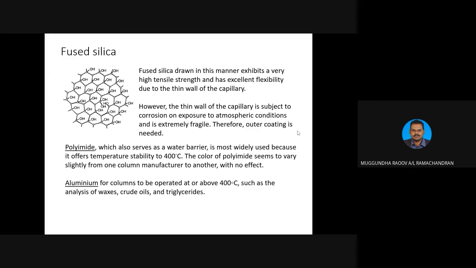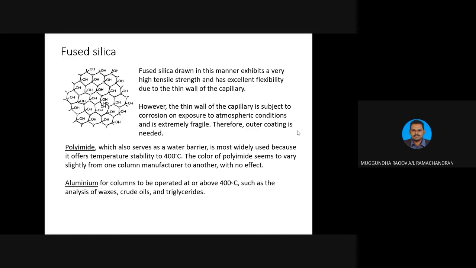Whenever we fix the capillary column into the GC, we have to cut the column. When we frequently cut the column and insert it into the GC, sometimes we can observe interference. In that case, we have to bake the column, which means we just run it at maximum temperature, so that we assume whatever analyte is trapped in the column will evaporate.